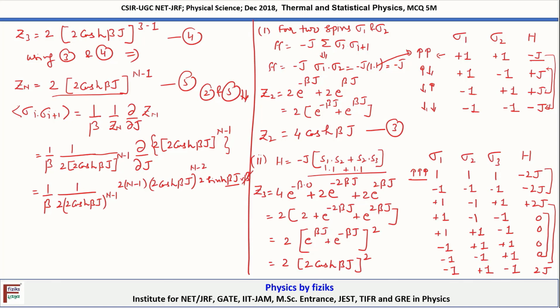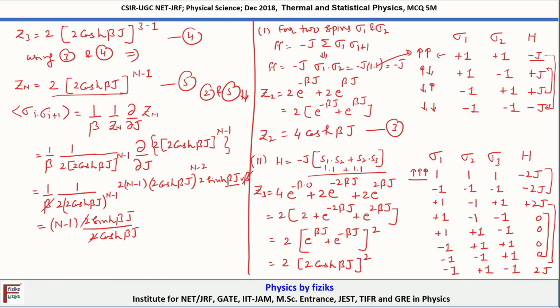This beta will cancel with the other beta, and after cancelling the common terms we are left with n minus 1 multiplied by 2 sinh beta J upon 2 cosh beta J.